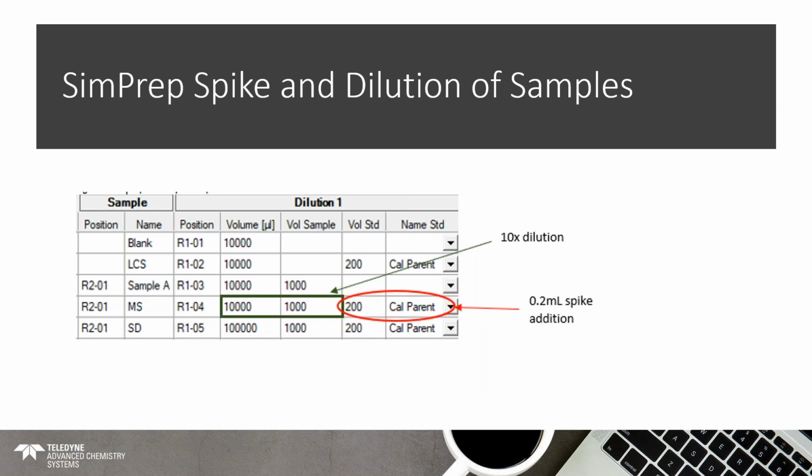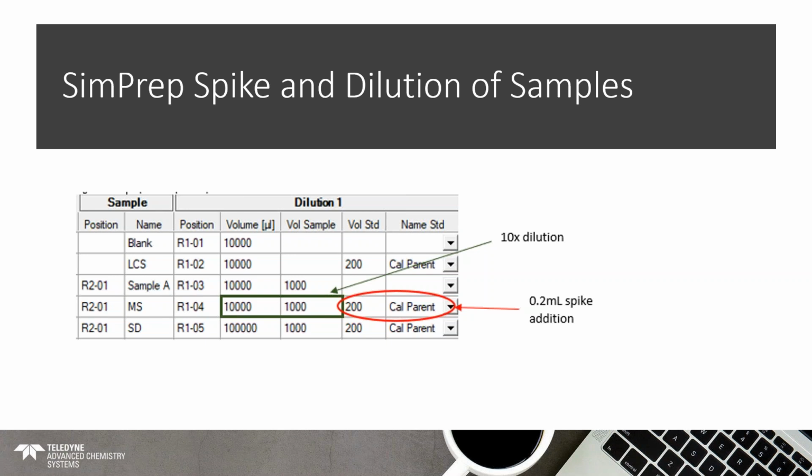The next thing we did was prepare a lab control sample and then some matrix spikes on the sample with the manganese contamination. The reason we show this screenshot is that we wanted to highlight that the SimPrep is able to do the sample spike in a single step.